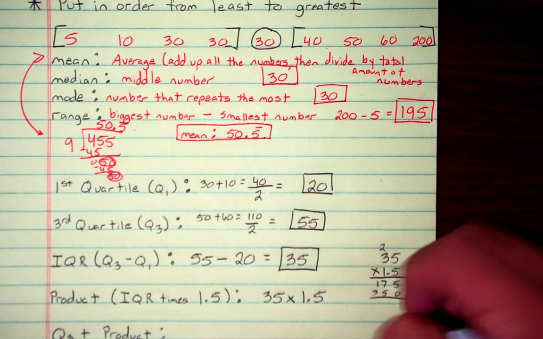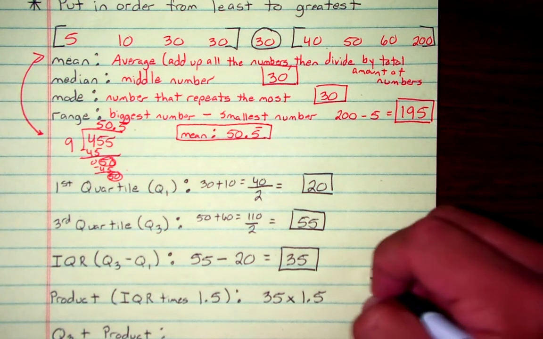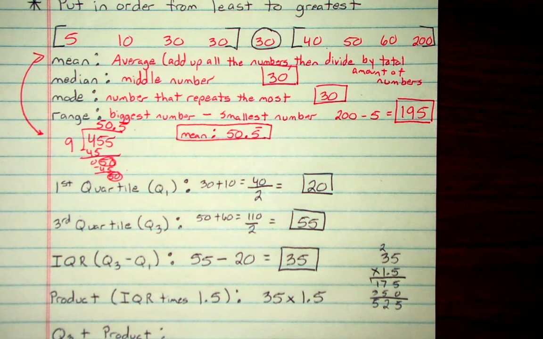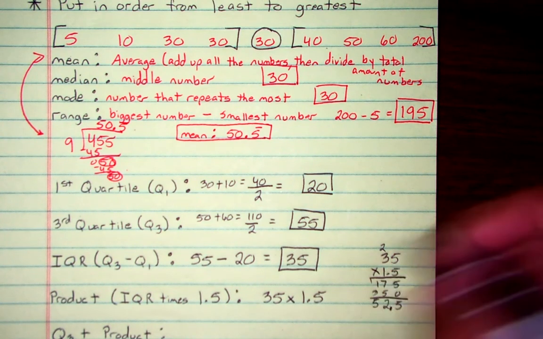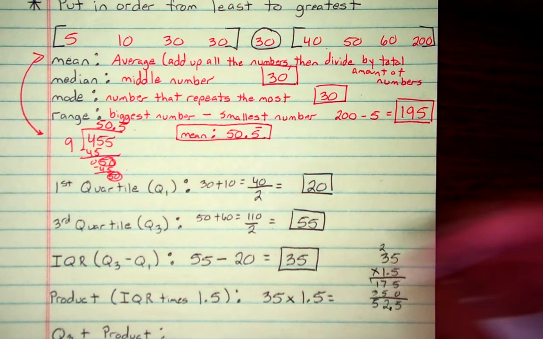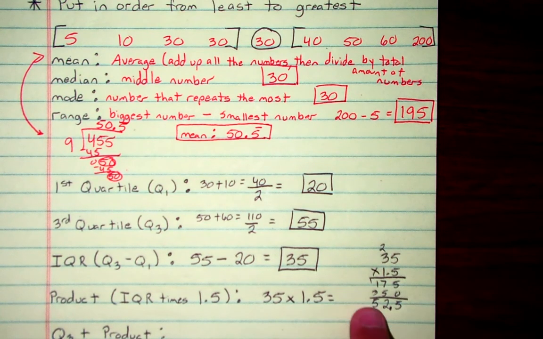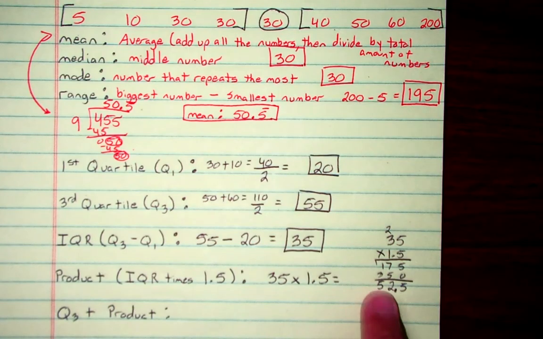Add straight down. Move my decimal back. I got my IQR, I got my product. My product is 52.5.